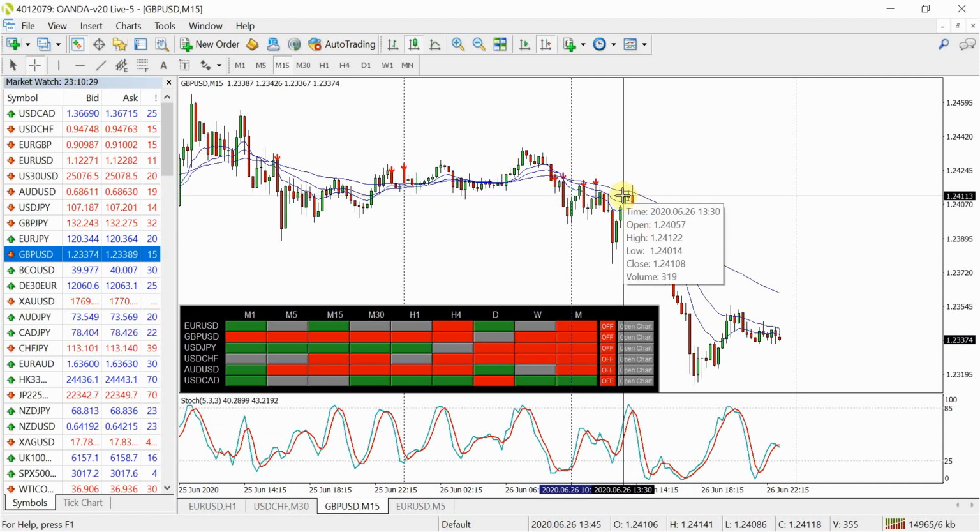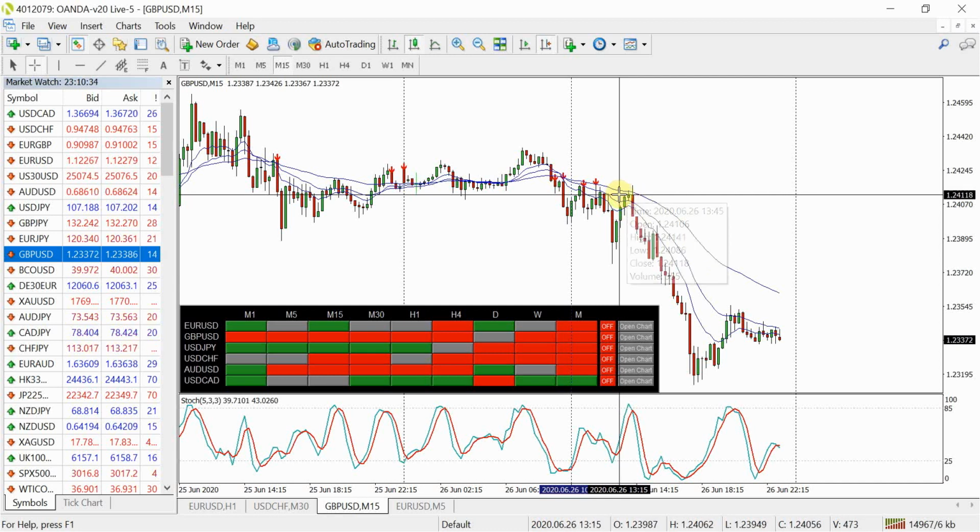We enter the 85 mark, so we'll put a sell order in here, and you can see that we had about, worst case when you include spread and stuff, 6-7 pips, and it went all the way down for 100 pips.